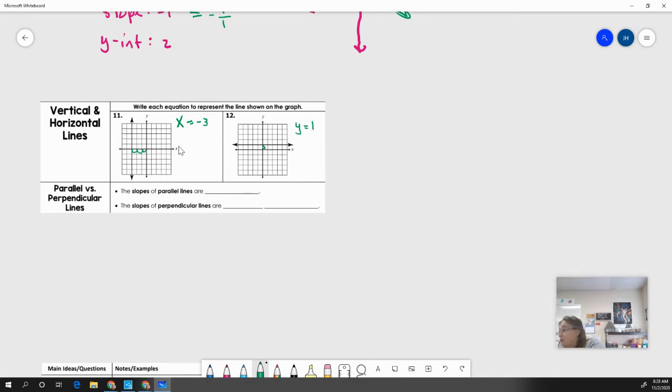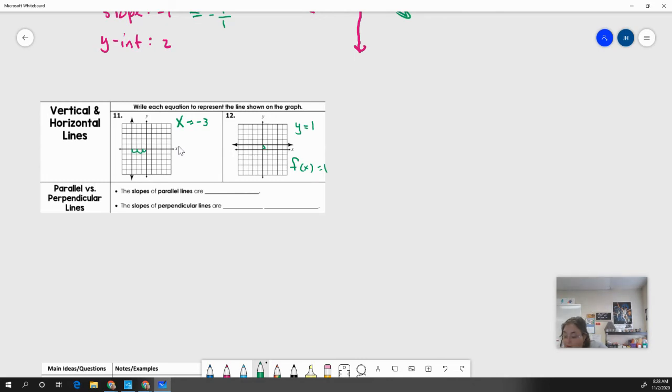If we have a horizontal line, we're going to have something that is y equals, or we could write it as f of x equals 1. So anytime you see a straight horizontal or straight vertical line, know that it's either going to be x equals wherever that line is, or y equals wherever that line is, depending on whether it's vertical or horizontal.